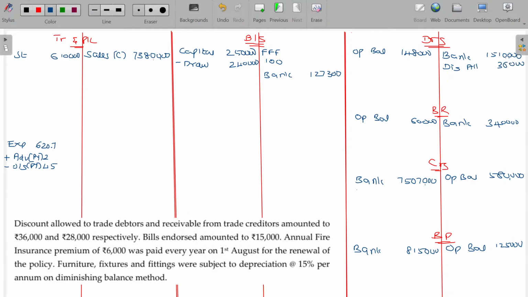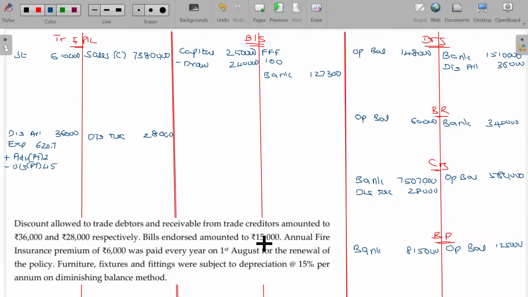Discount received reduces the creditors balance, which is 28,000. Double entry: discount allowed being your expense, debit in the P&L account, the value being 36,000. Discount received being your income, post that in the credit side of the P&L account, this value being 28,000.